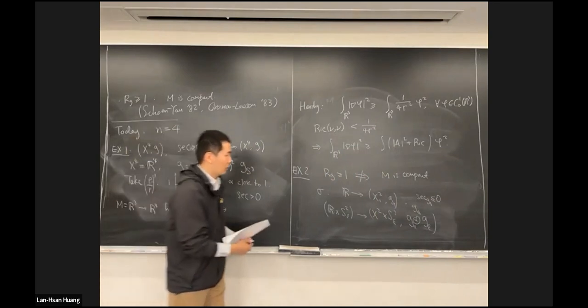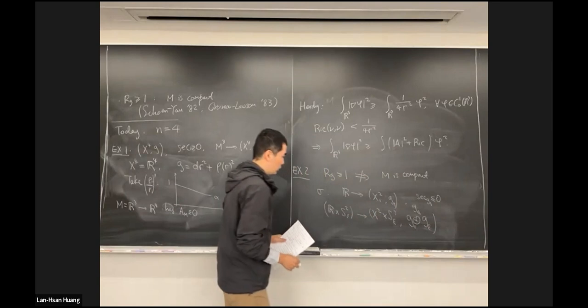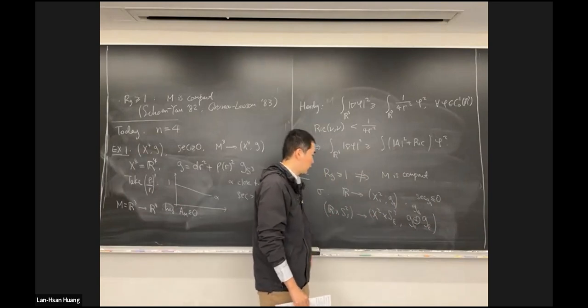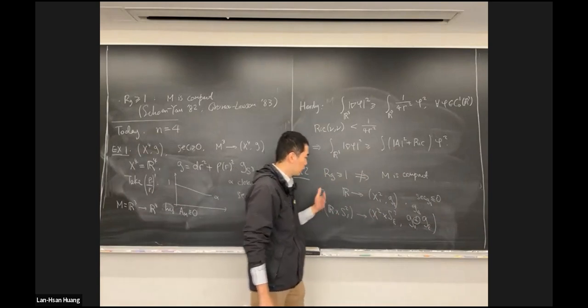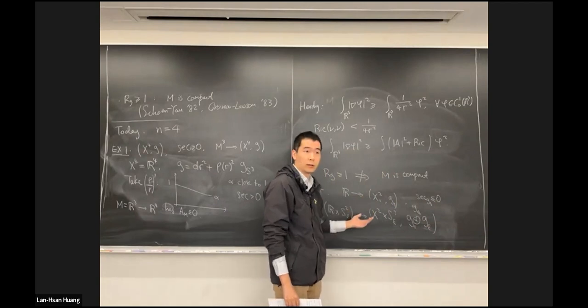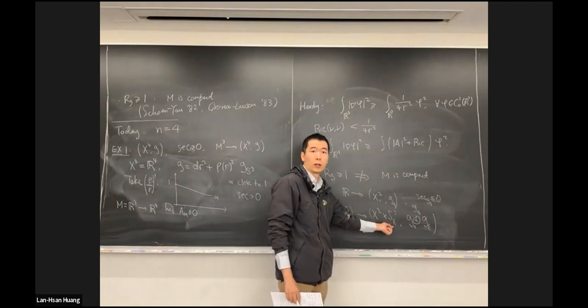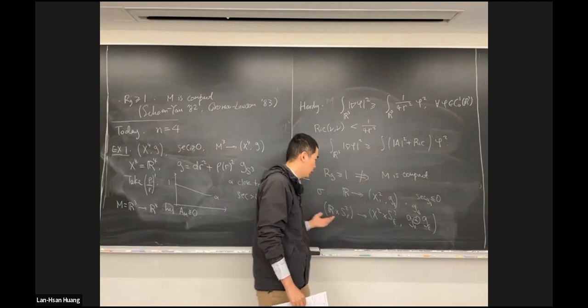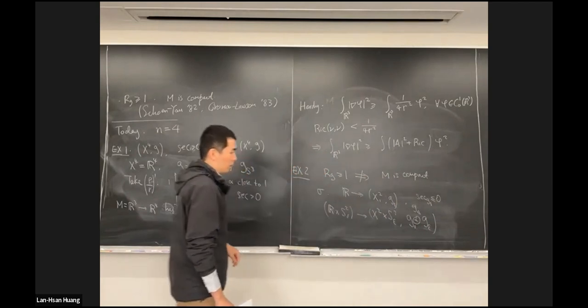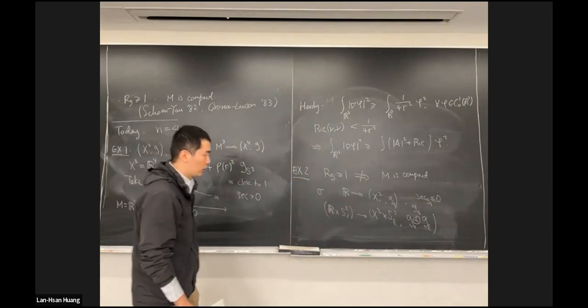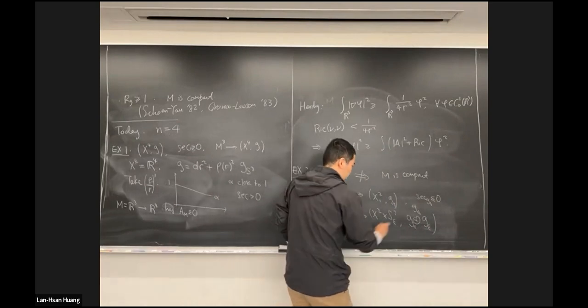Okay. Now, of course, this immersion is stable because, one way to see it is that the first eigenfunction would be invariant on this S2 factor, right? You have a positive function that solves the Jacobi operator. Okay, so then this is stable.